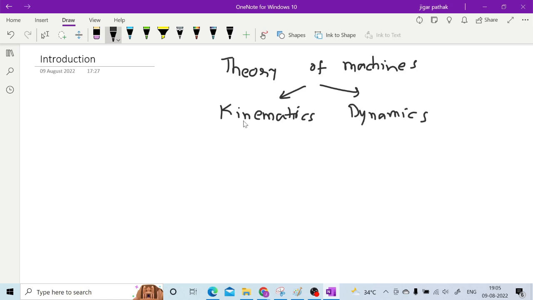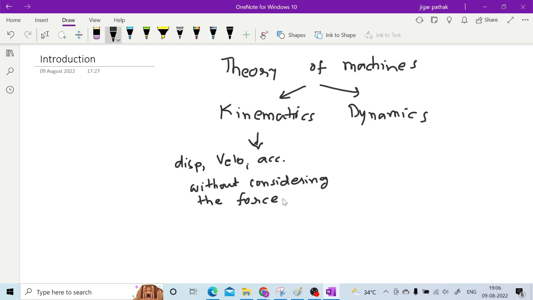In case of kinematics, you are going to study the displacement, velocity, and acceleration of different machine elements without considering the force who has generated this motion, right?